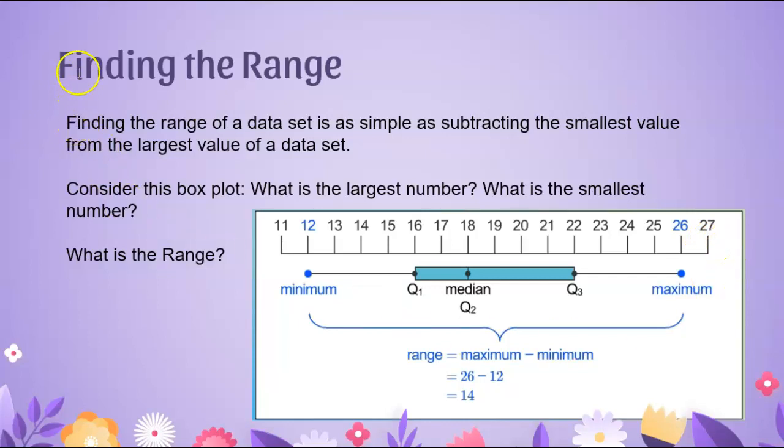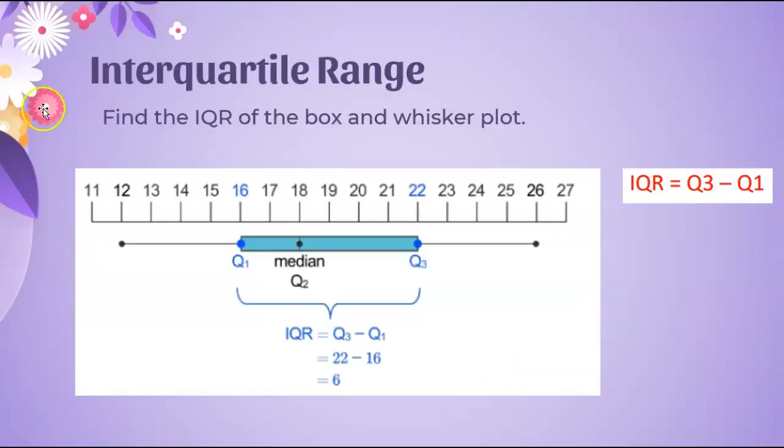If you're asked to find the range of the data set, you use the maximum and the minimum values. But if you're asked to find the interquartile range, you need to look at just the box. You need to figure out how long this box is, so you subtract Q1 from Q3.